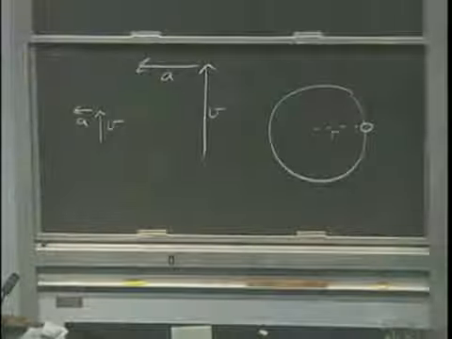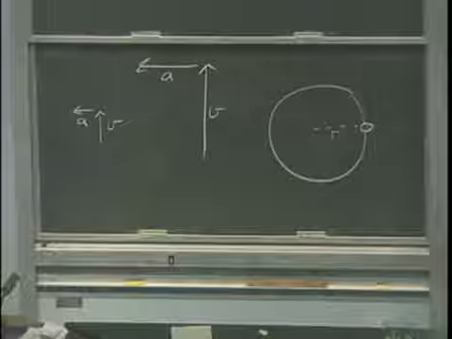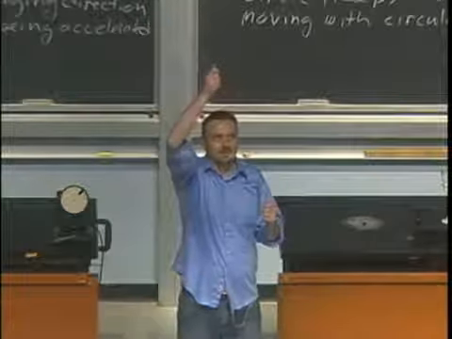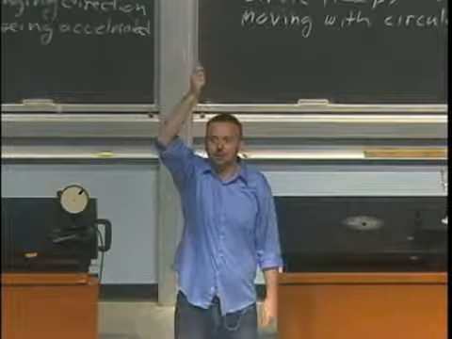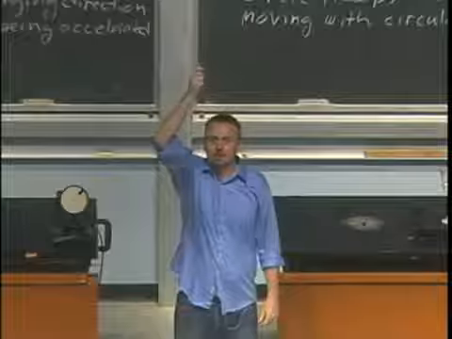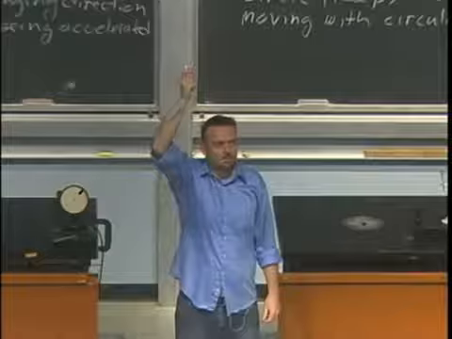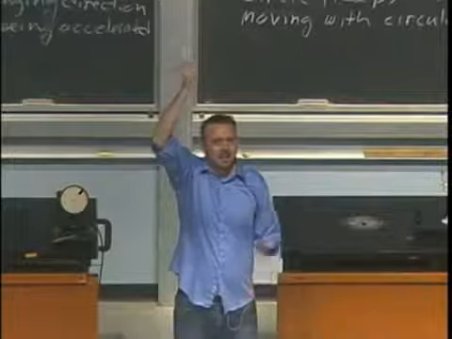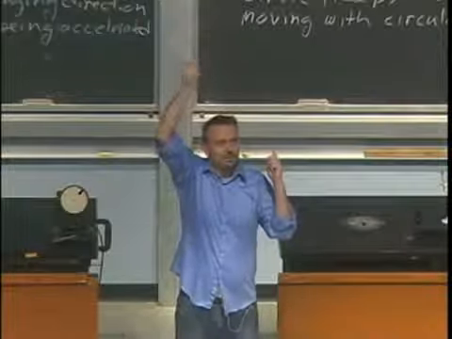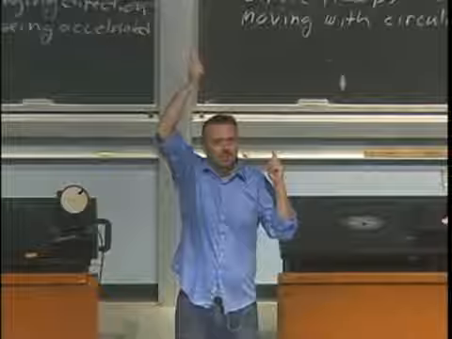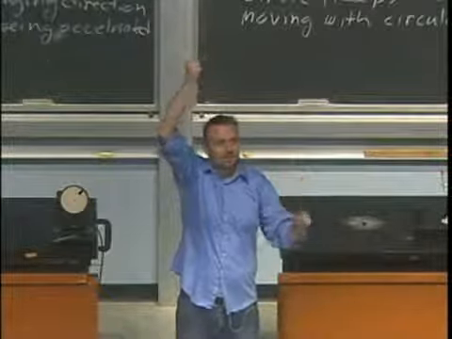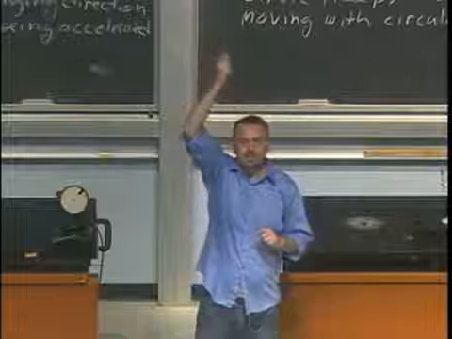If I do this really slowly, this takes about a second going around. If I speed it up, going much faster, then the fact I've increased the velocity means that it's changing its direction much faster as well, just because the amount of time it takes to go in a circle is smaller and smaller.